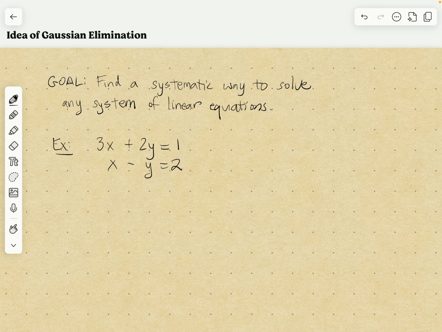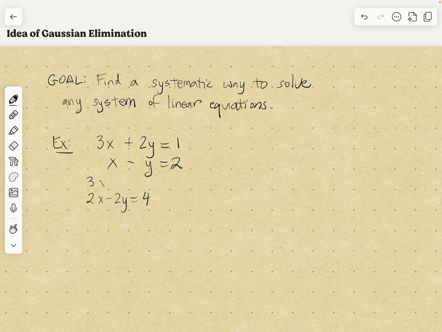A more efficient way would be to multiply one of the equations by a constant and then add or subtract the equations. So, for instance, what I would do is multiply the second equation by 2, say, and get 2x minus 2y equals 4.